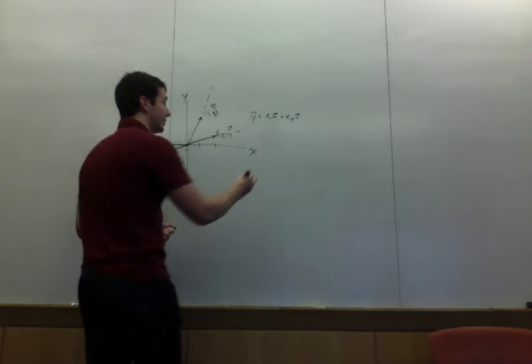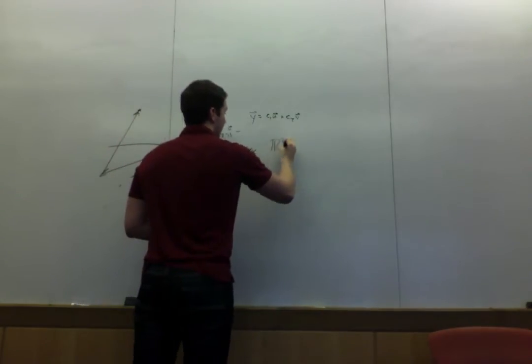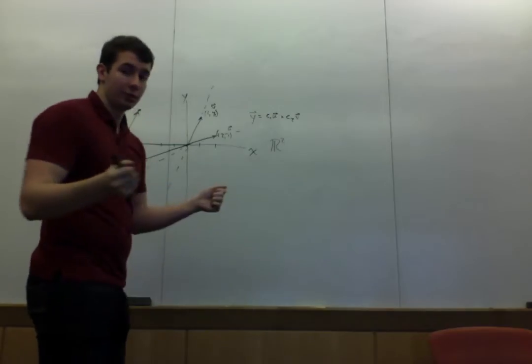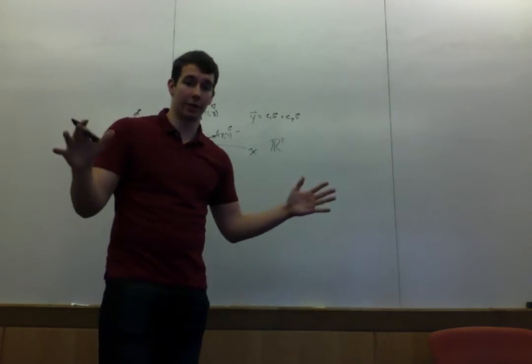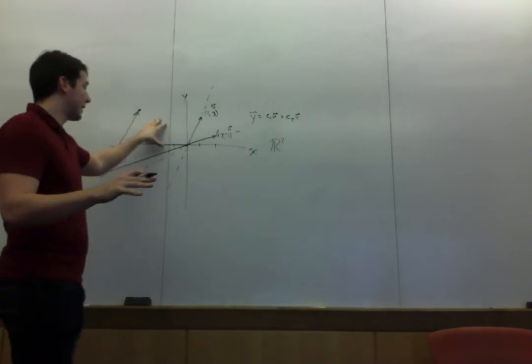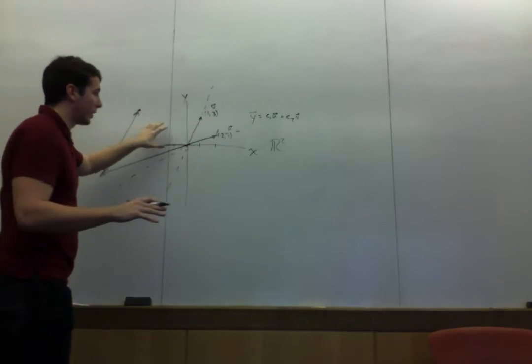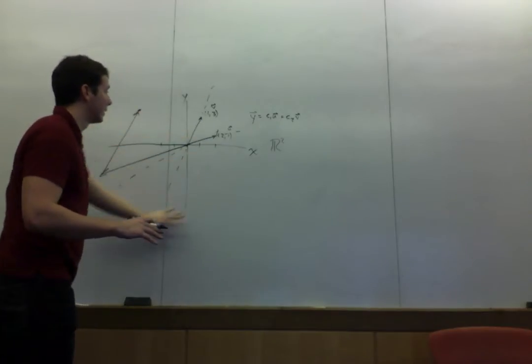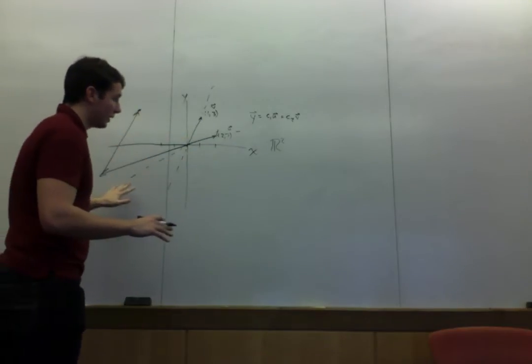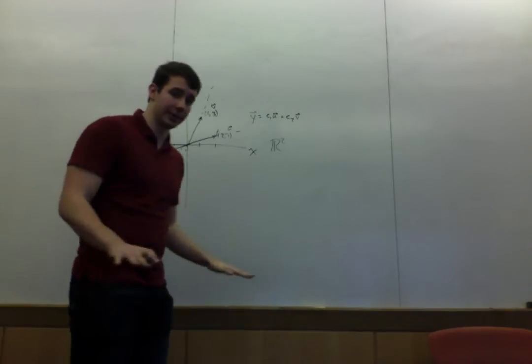And in R2, if I have two linearly independent vectors, my span is all of R2. We started to see that here, where by arbitrarily picking our points, we can reach pretty much anywhere in the entire xy plane in 2 dimensions.